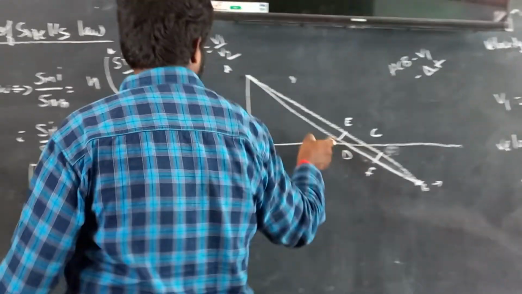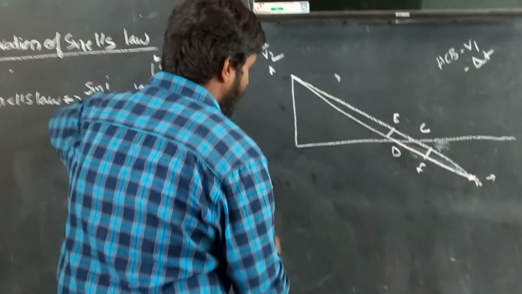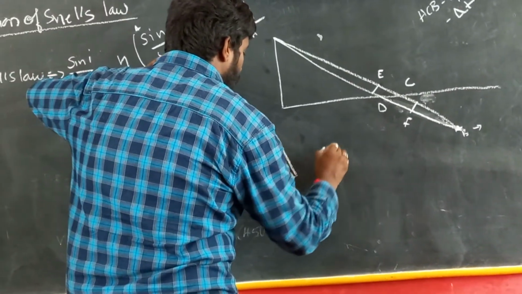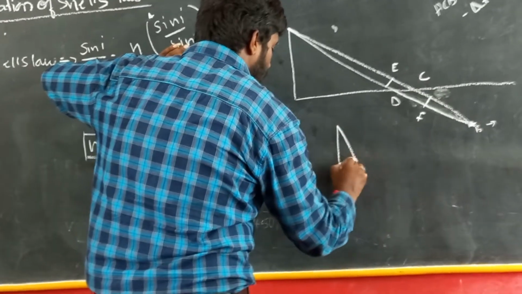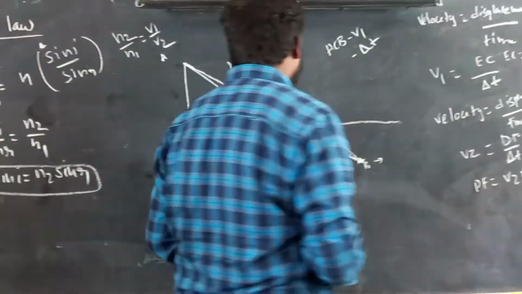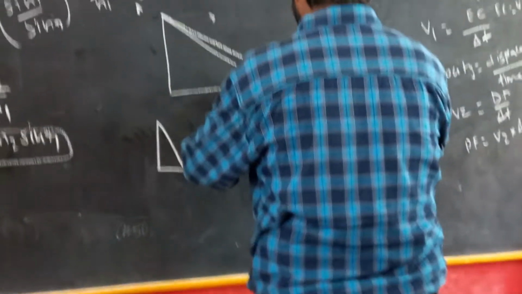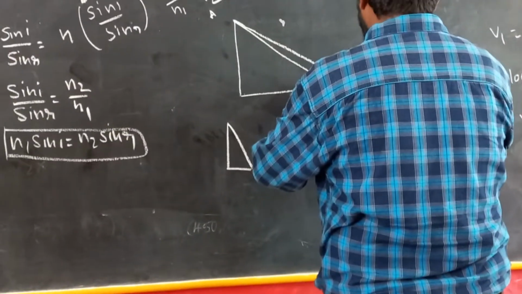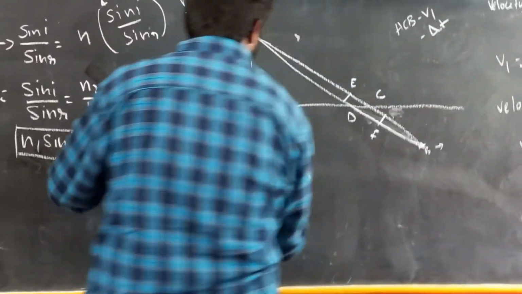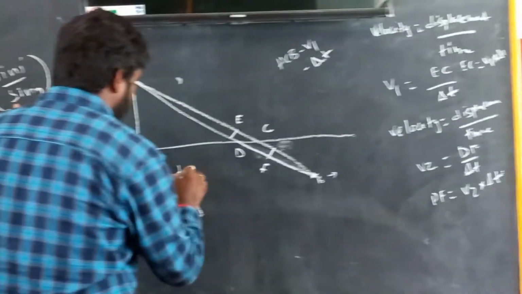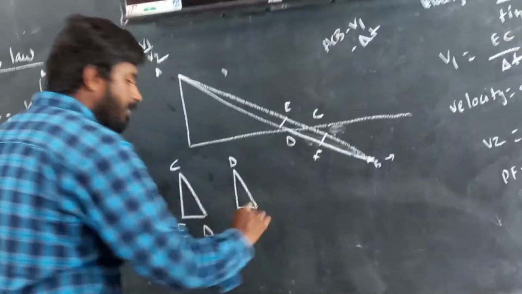Now, consider two right angle triangles. One right angle triangle is CED, and another right angle triangle is DFC.